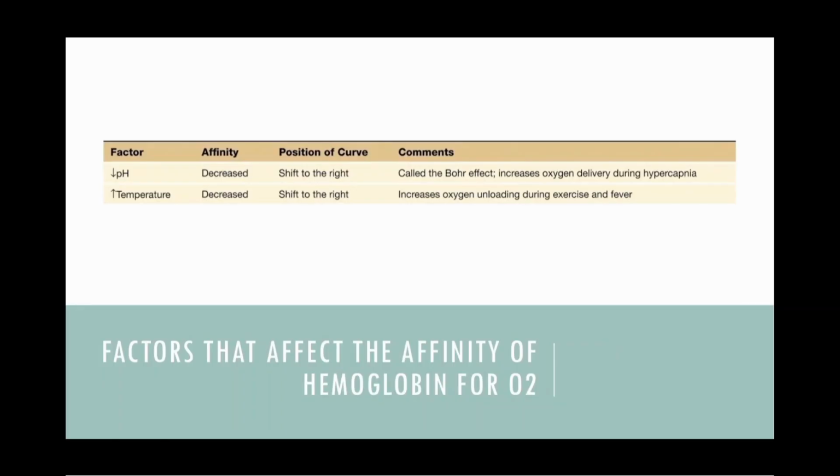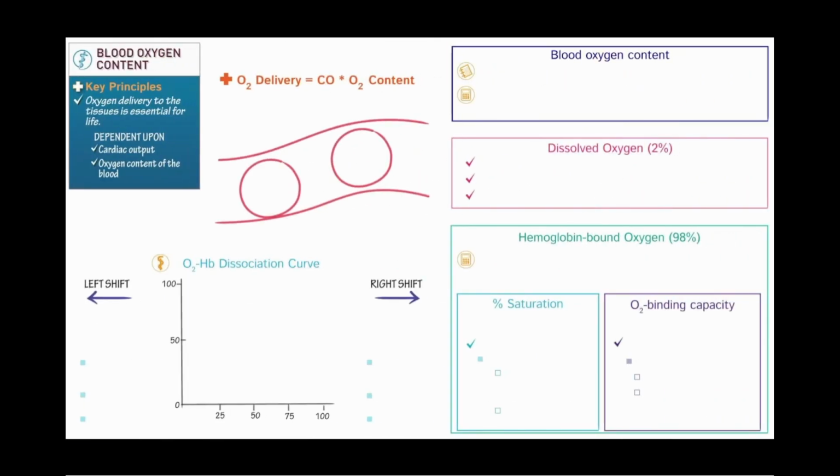This just summarizes what we talked about. So this one talks about how we figure out what our O2 delivery is and how oxygen gets around the system. So our blood oxygen content is O2.